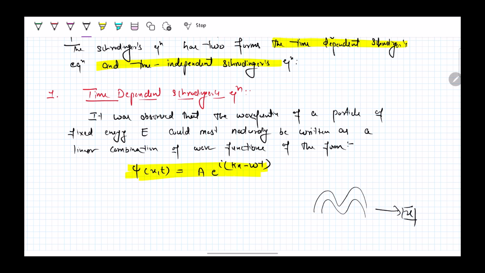For our own convenience we are taking only one dimension, and then we can convert it into three dimensions. So taking change only along the x-axis, psi(x,t) is equal to A exponential i(kx minus omega t), where k is the propagation vector of this wave function. All right, and this equation is representing a wave traveling in the x direction.